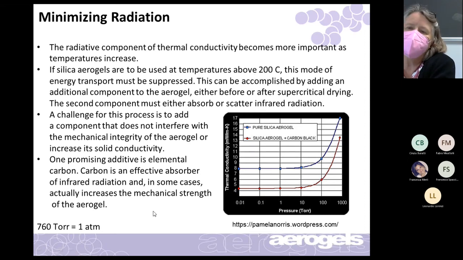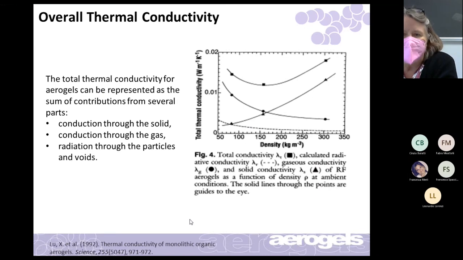Okay, so just to summarize thermal conductivity, it can be represented as the sum of the contributions from conduction through the solid, conduction through the gas, and radiation through the particles and voids. This plot shows total thermal conductivity versus density.